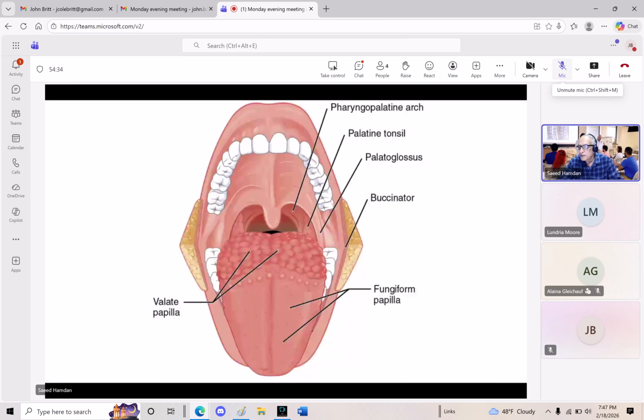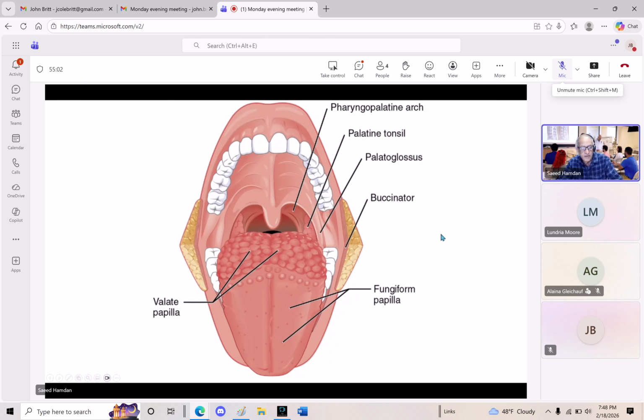They have the salpingopalatine fold, but they don't have the arch. And then the palatoglossus, from the palate, basically this arch right there, from the hard palate to the tongue. Okay. So these are the ones that I have.